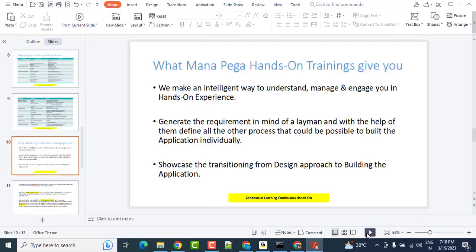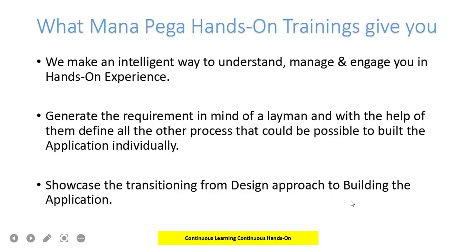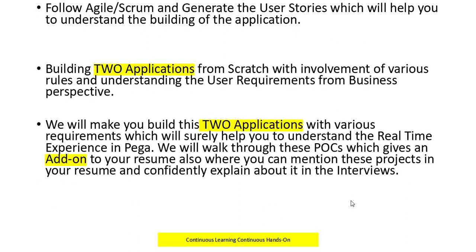We will help you by showcasing the design approach first, then building the application. We follow the agile and scrum methodology. I will lead as the BA, the scrum master, the project lead, the tester, and the code reviewer. I will handle each of the particular scenarios.